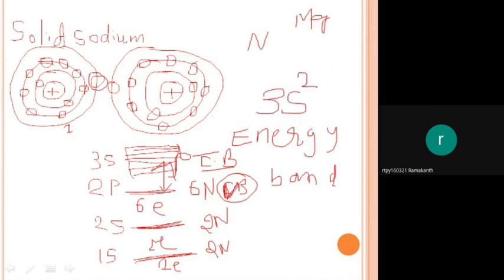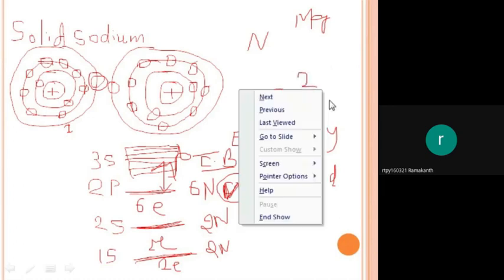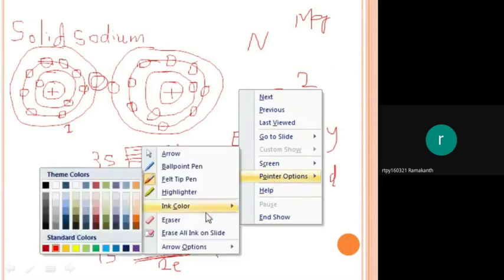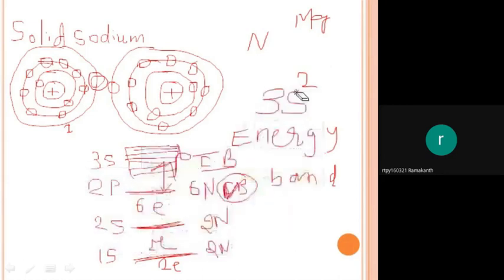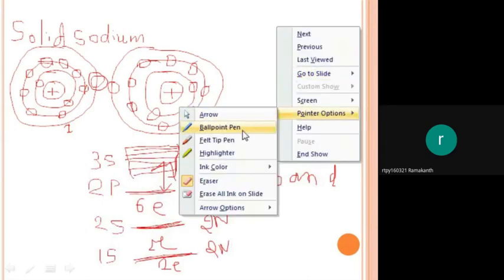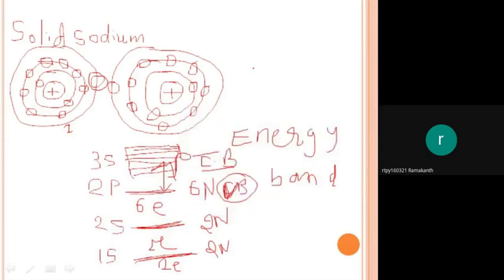This s orbital is also completely filled. Here I am not representing the lower energy levels, only 3s and 3p.